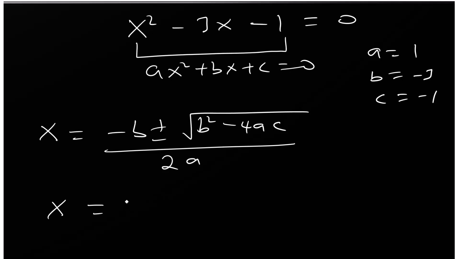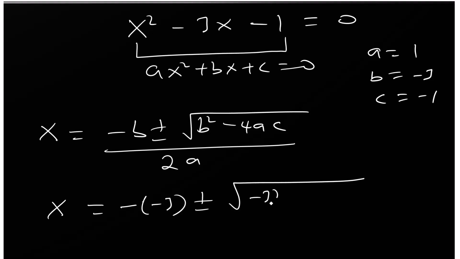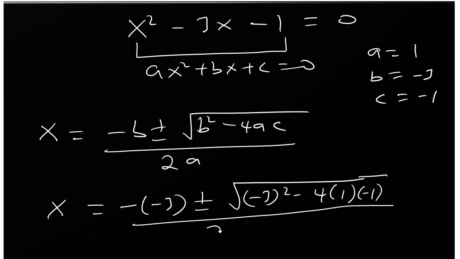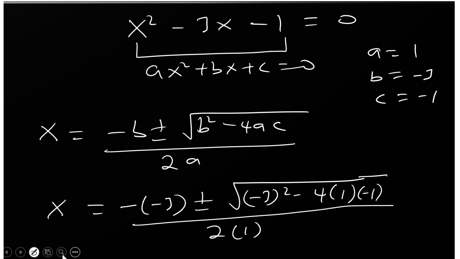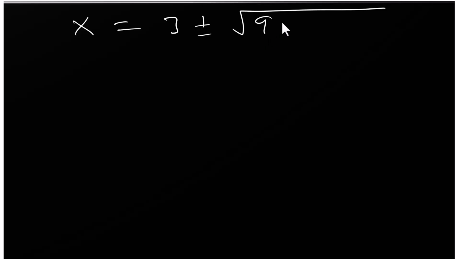So we have minus b, that is minus 3, b squared, minus 3 squared, minus 4 times a, 1, times c, minus 1, over 2a, 2 times 1. So my x will be 3 plus or minus the square root of 9, minus, so minus 4 times minus 1 is plus 4, so 9 plus 4, over 2.